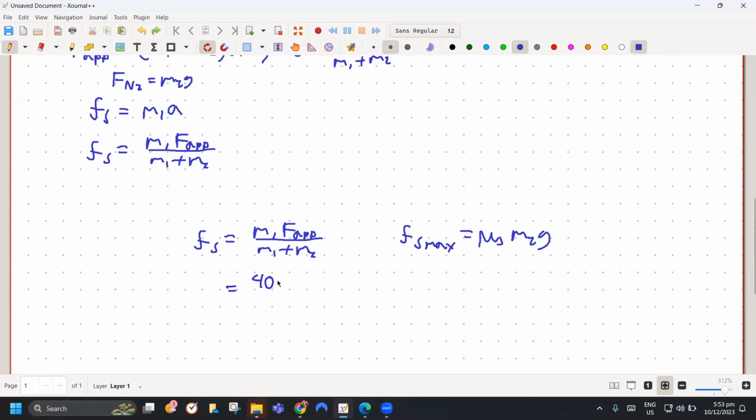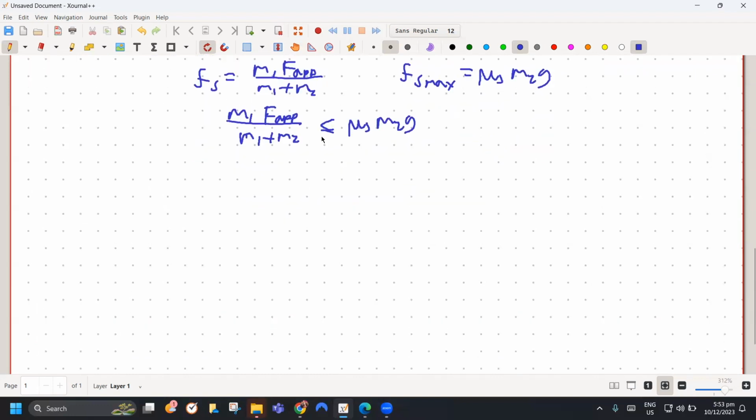So for static friction to be applicable, we need M1 F applied over M1 plus M2 less than or equal to mu s M2 g.